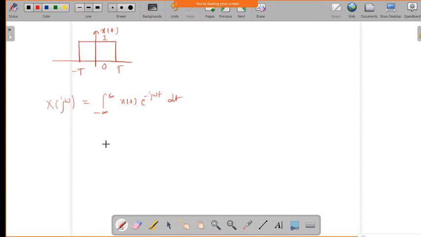Now you substitute the x of t signal, which is from minus T/2 to plus T/2, with 1 into e power minus j omega t dt. This is a simple integration: e power minus j omega t by minus j omega, varying between the limits.